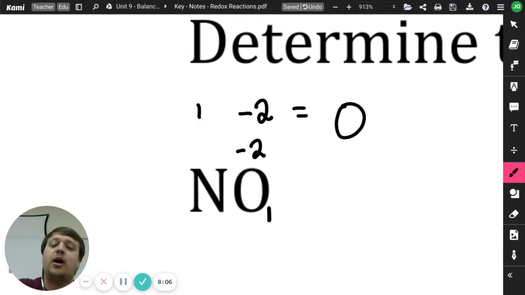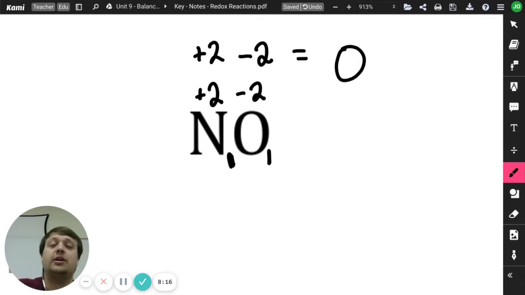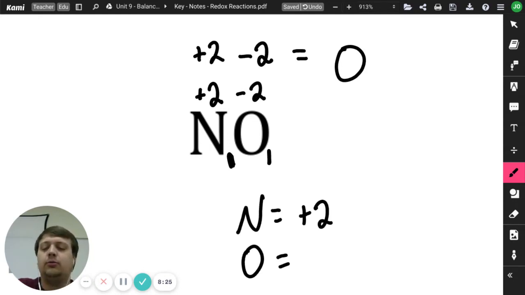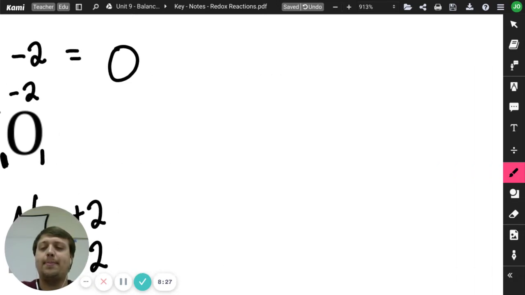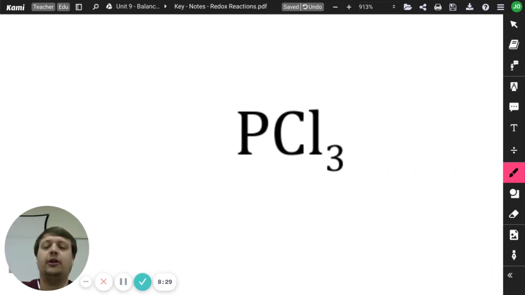So I'm going to need a +2 coming from nitrogen. There's only 1 nitrogen present, so that 1 nitrogen has to give me a +2. So nitrogen equals +2, oxygen equals -2. Okay? So let's take a look at another one.